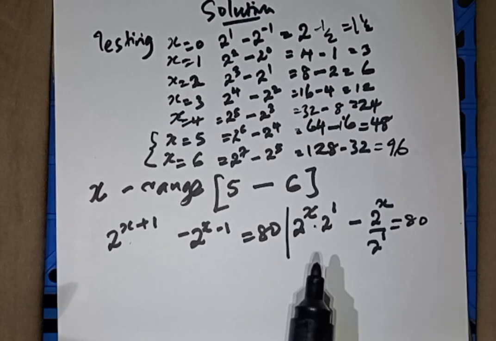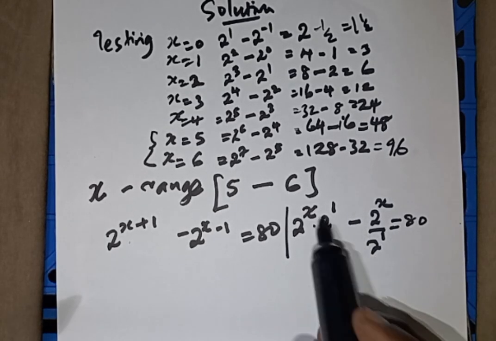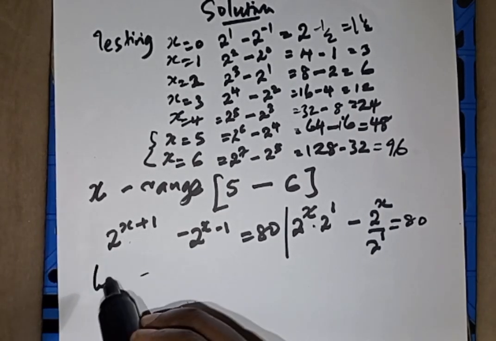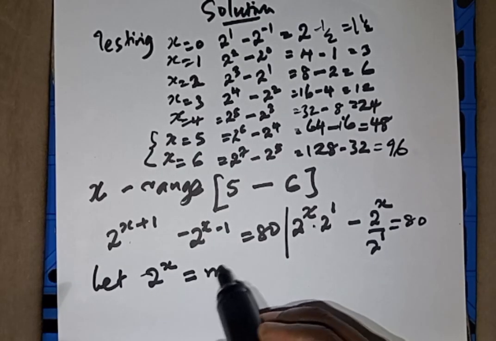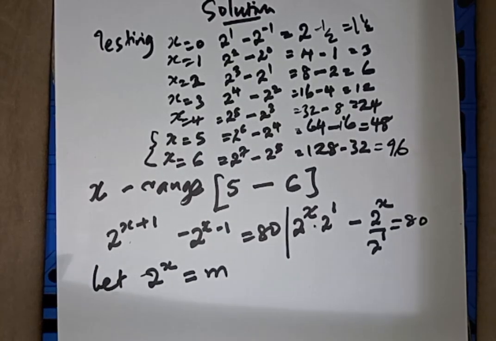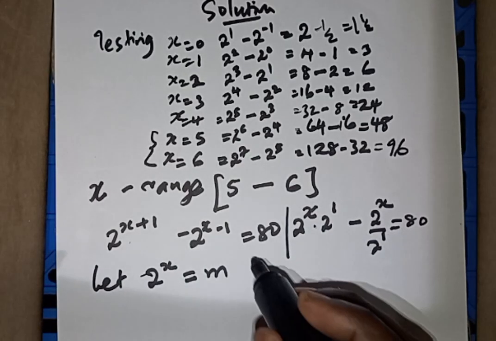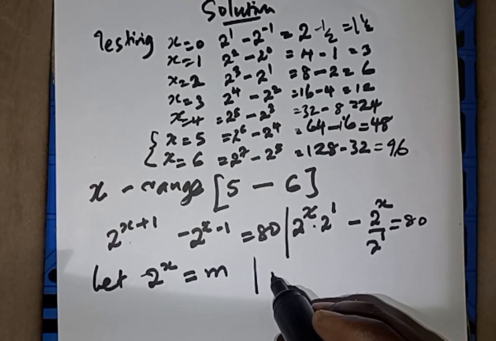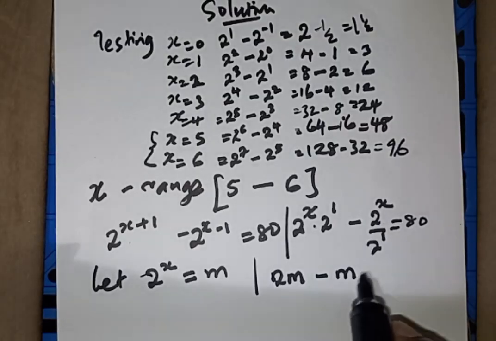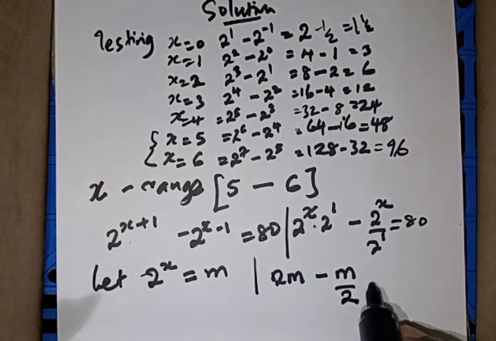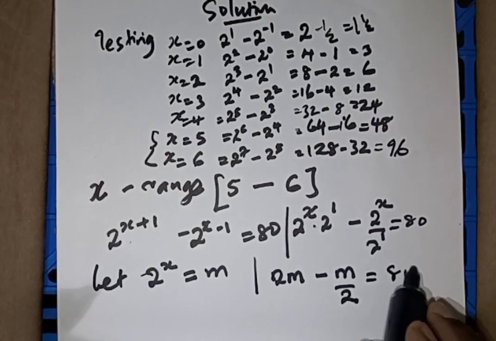Next step, I can let my 2 to the power x be unknown, so let me call it m, so that this equation changes to 2m minus m over 2 is equal to 80.